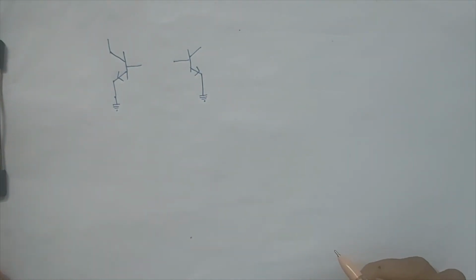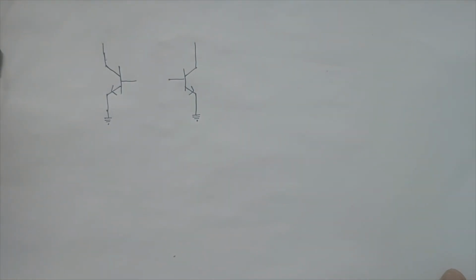Both emitters should be grounded. We are not drawing the complete structures of multivibrators. We are just drawing the basic view of how we are going to construct them. That only we are going to draw.